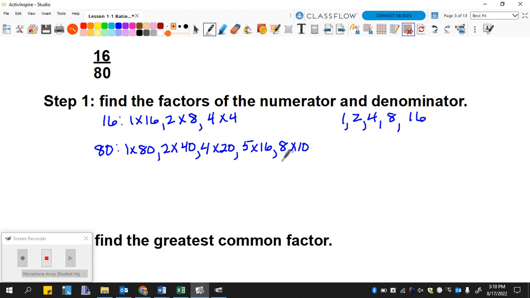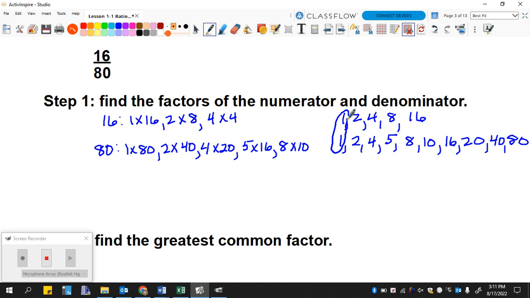So the factors of 80 are 1, 2, 4, 5, 8, 10, 16, 20, 40, and 80.